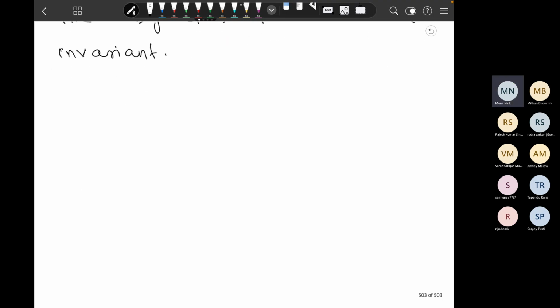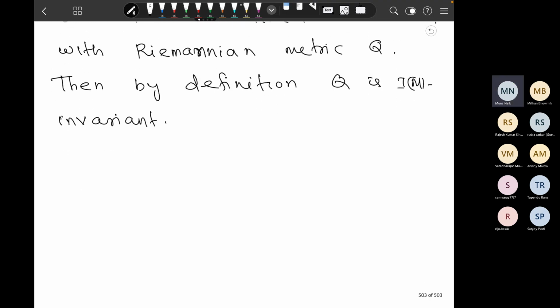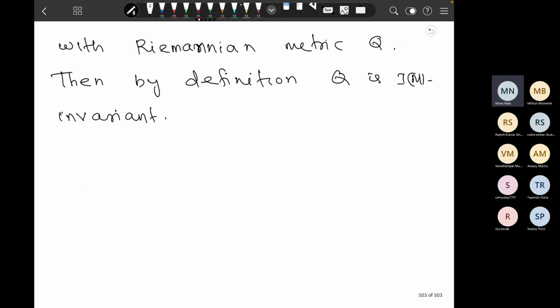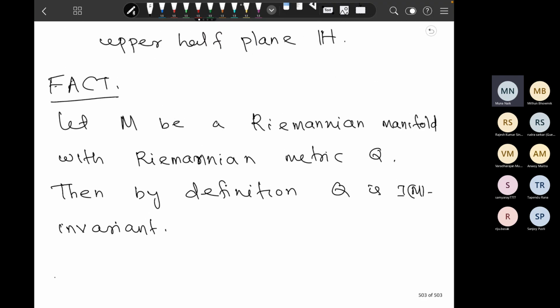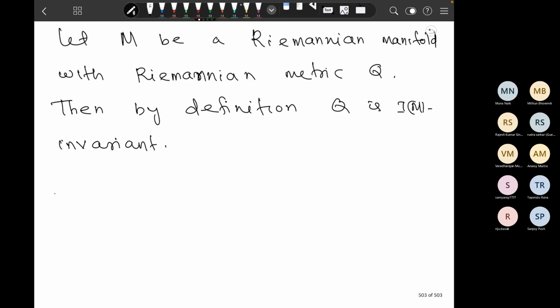Okay, so now we come back to today's lecture. So by definition Q is I(M) invariant.